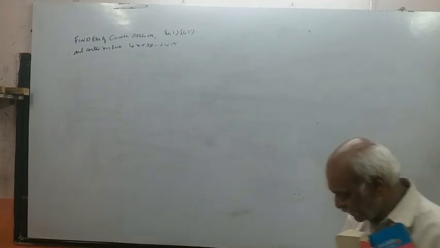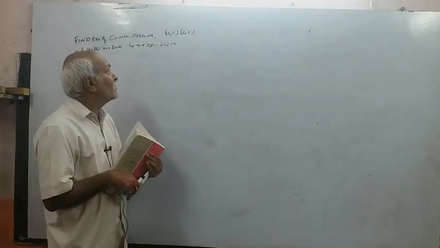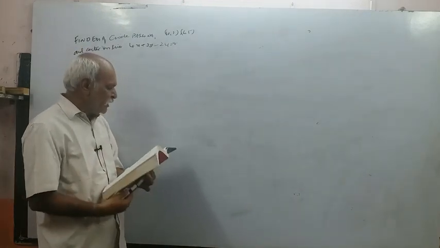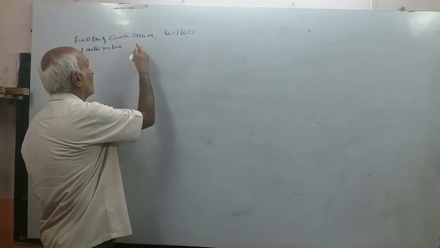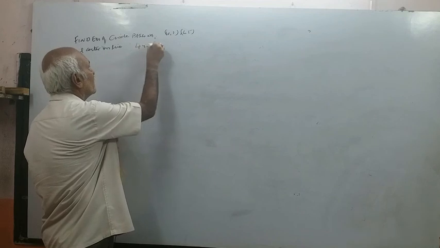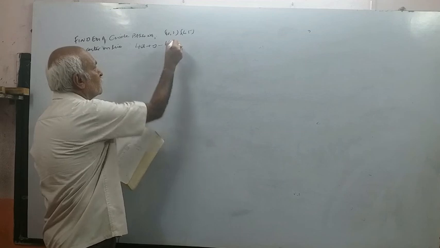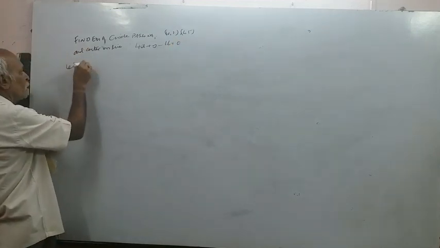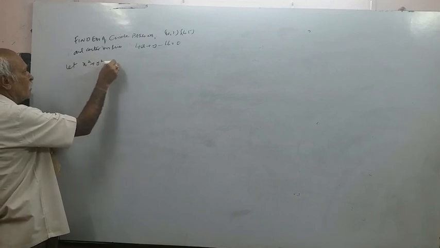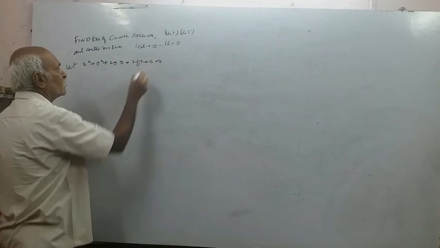Find the equation of the circle which passes through the points 4 comma 5, 4 comma 1, 6 comma 5, and the center is on the line 4x plus y minus 16 is equal to 0. Now again let x square plus y square plus 2gx plus 2fy plus c is equal to 0.